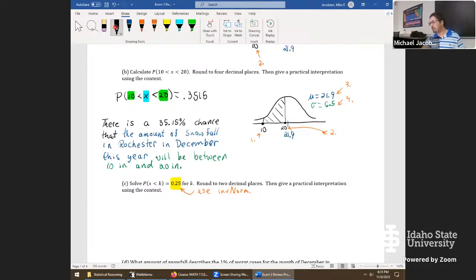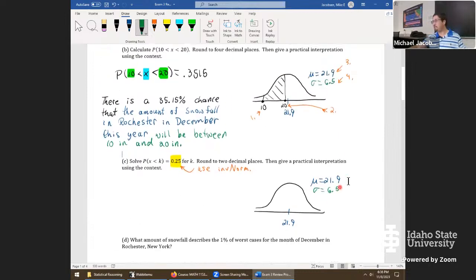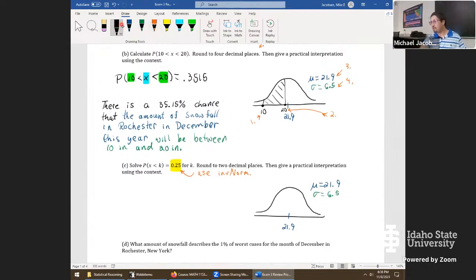We begin by drawing a really simple graph to represent the situation. So here's center 21.9. I think the real reason I got in the habit of copying these down is just so that they're visible when we scroll through the page, they don't go away. But now over here, to solve probability, X less than K equals 0.25.